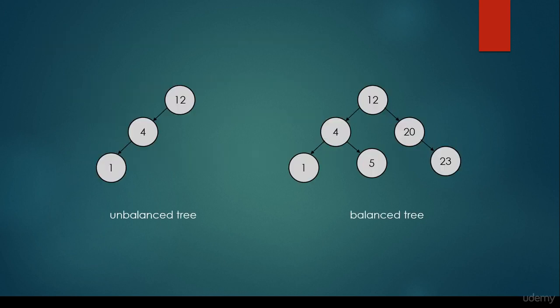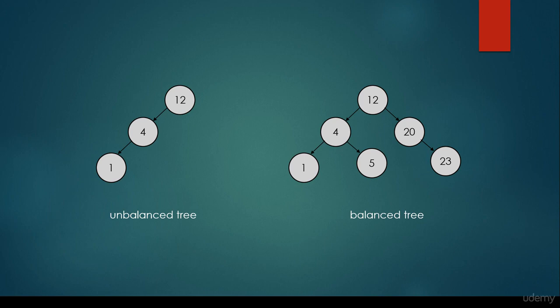So this is an unbalanced tree. On the left, we have the root node, it has a left child, and the left child has another left child, so it is not balanced. The number of left children is not equal to the number of right children. The tree-like structure on the right is going to be balanced because the number of right subtrees and left subtrees are going to be approximately equal.